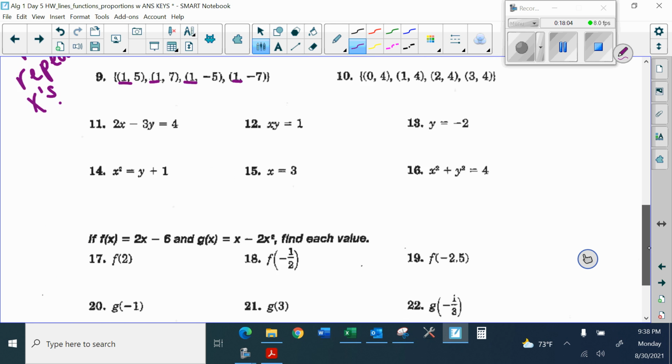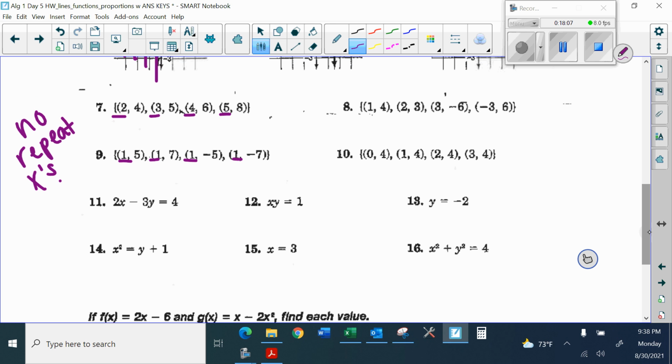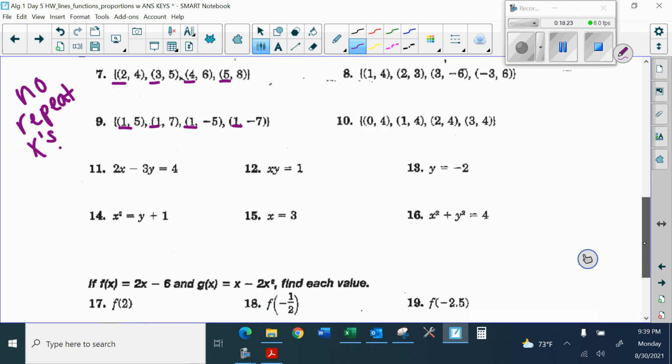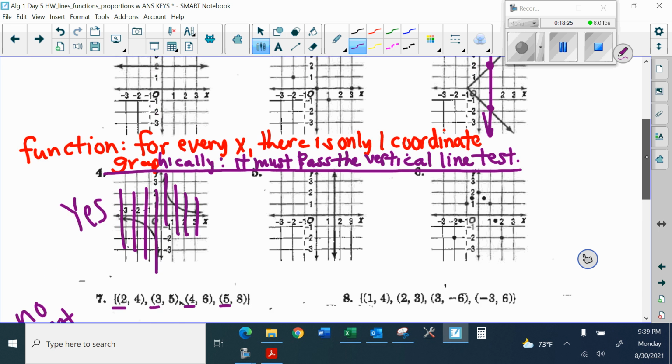Now, from an equation. Okay. Do I want to deal with this now? No. Can't believe they're putting this in Algebra 1.